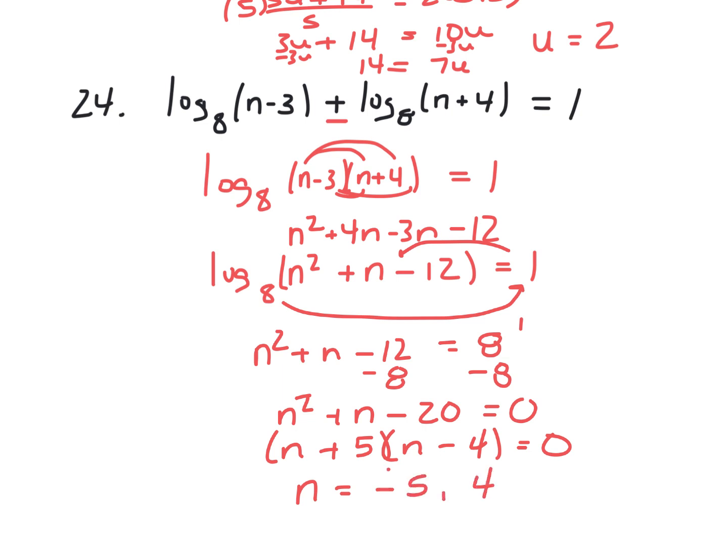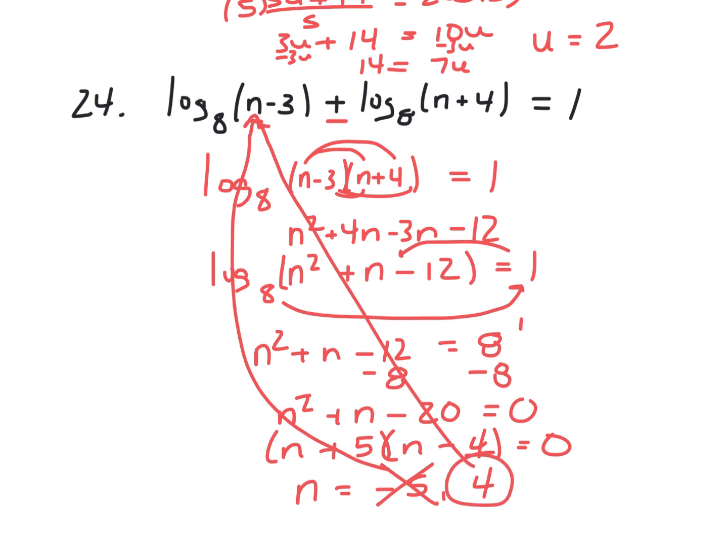Let's check these. If you put negative 5 in for the n, you're taking the log of a negative number. That does not work. If you put 4 in on both sides, that will work. So 4 would be your solution here. So the key there is to use your log properties to simplify as much as you can. If you get a single log, change the form. If you've got multiple logs, get the bases the same and set them equal.